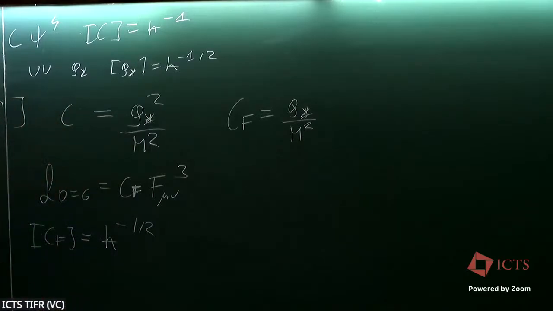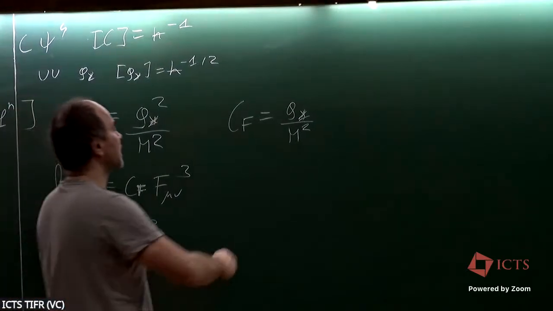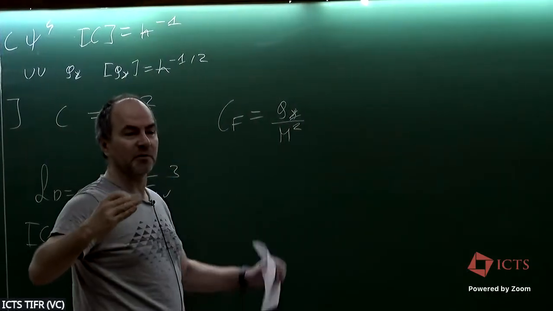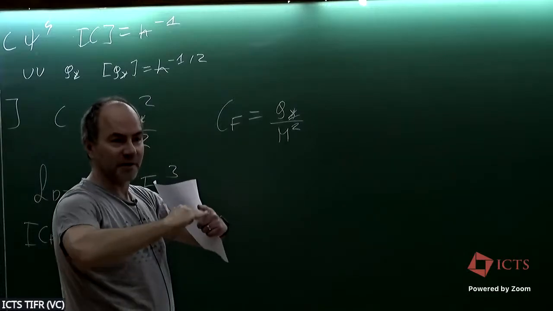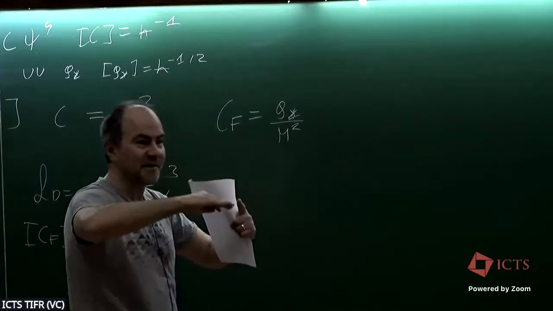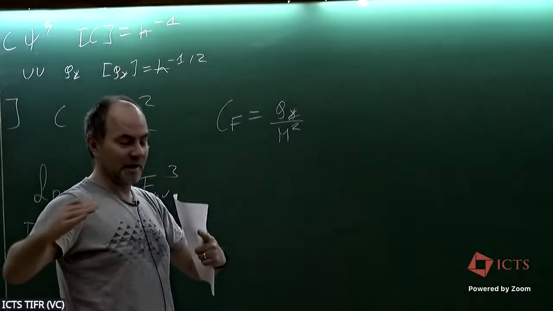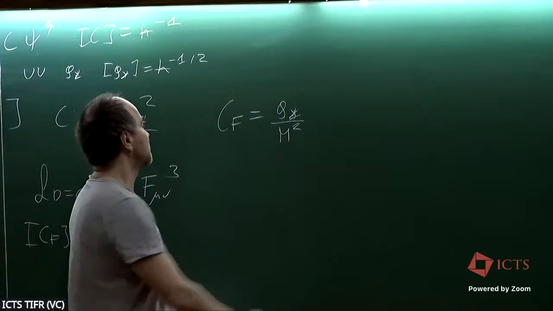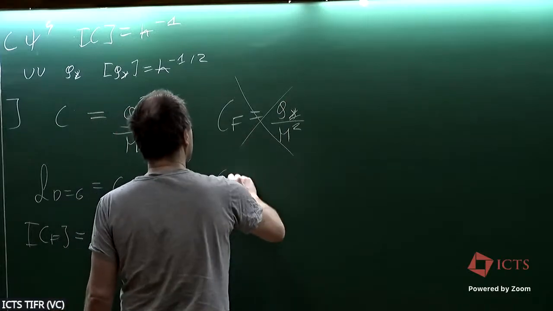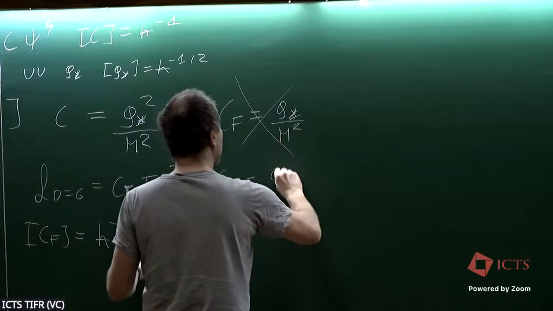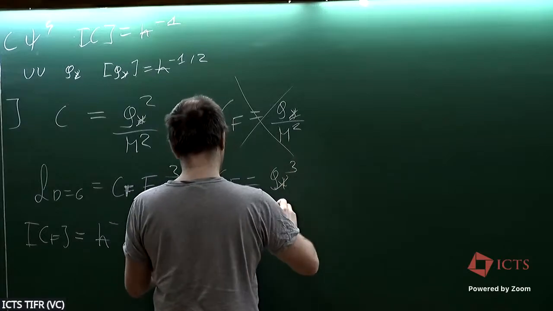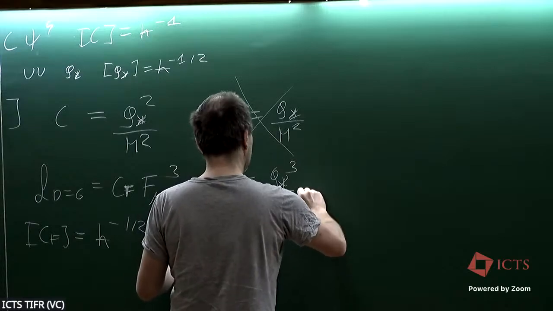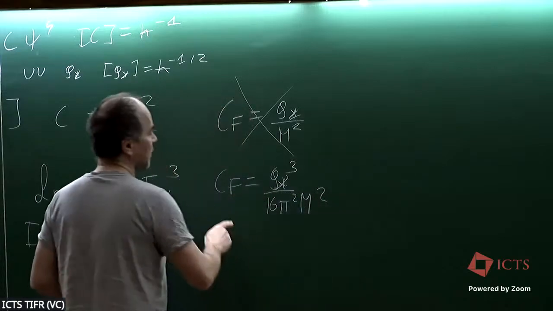But this doesn't make sense, because you cannot have a Wilson coefficient that depends on one power of the coupling. You integrate out the particle, so it has to be emitted and then absorbed, so there has to be at least two powers of g_*. So this cannot be. The only thing you could have is g_*³ over 16π² m².